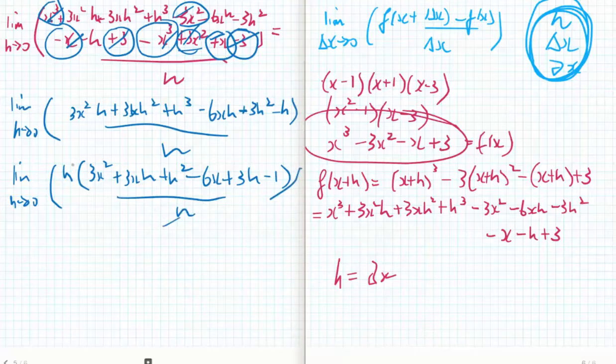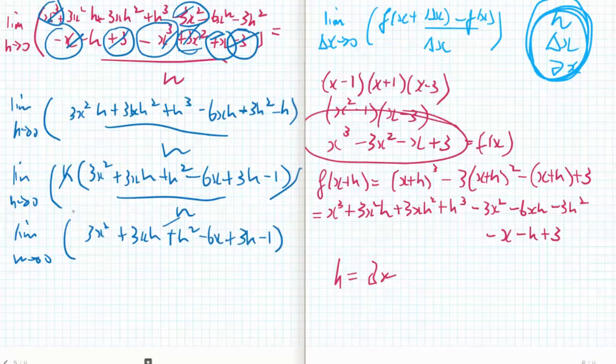The h's cancel to leave the limit as h approaches 0 of 3x squared plus 3xh plus h squared minus 6x plus 3h minus 1. Now I can make h 0, which means I have 3x squared. That becomes 0, that becomes 0. Minus 6x. That becomes 0, minus 1.